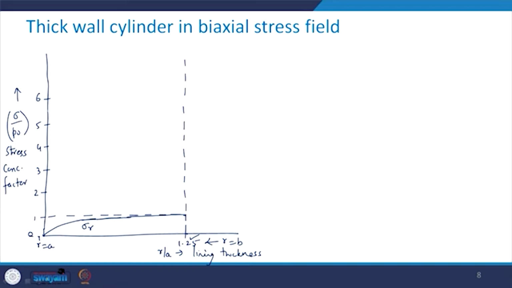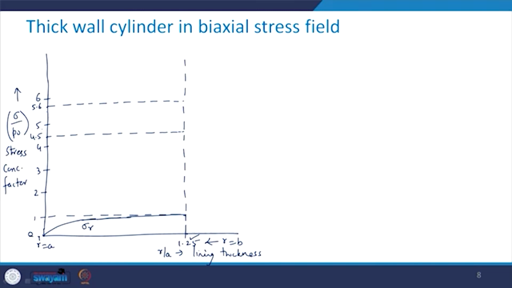And in case of the sigma theta, we have seen that at r equal to a, it is 5.6. So let us say this point is for 5.6. So I draw a line, and at r equal to b, we have 4.5. So another line, let us say here this is corresponding to 4.5.